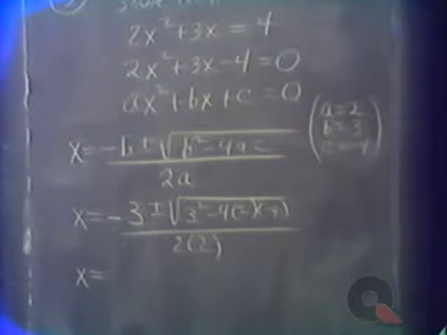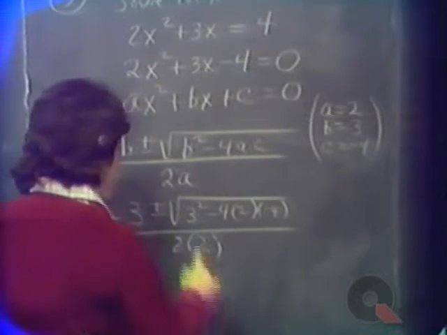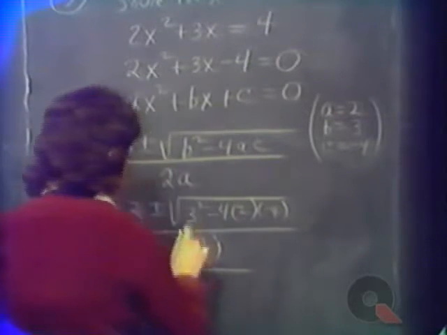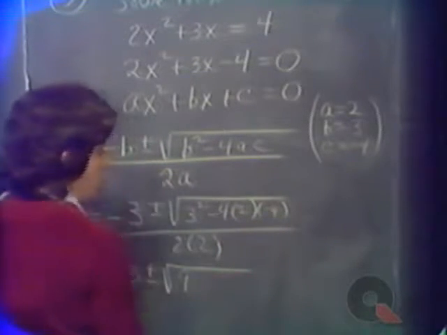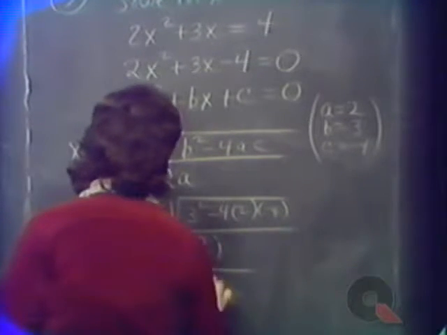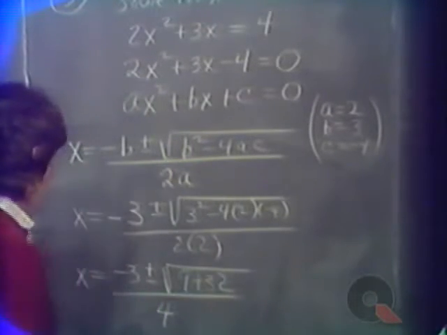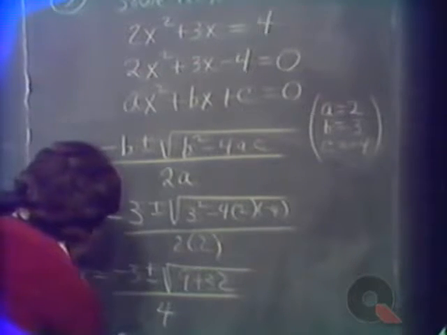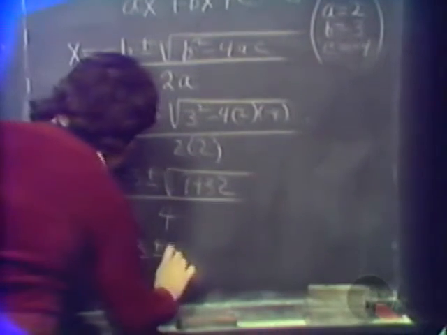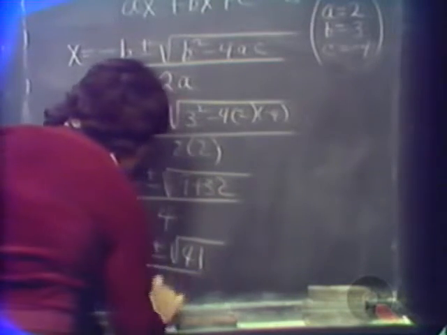Okay, that gives us minus 3 plus or minus the square root of 9 minus 8 times minus 4, that's plus 32, over 4. And that gives us a final answer of x equals minus 3 plus or minus the square root of 41 over 4.